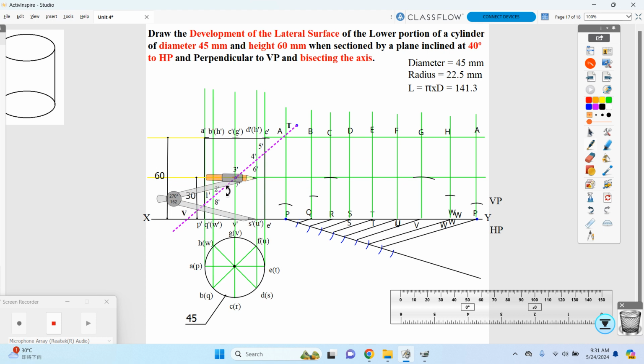Now keep it here, measure this distance, keep it on S, cut an arc, then keep it on V and cut an arc. Then the last is your last point. For this, measure the distance, keep it in the center, and cut an arc over here.